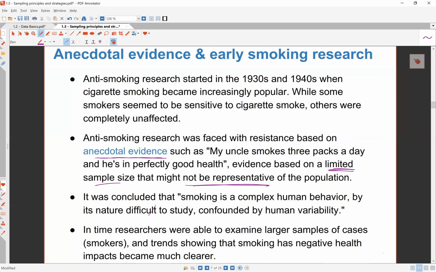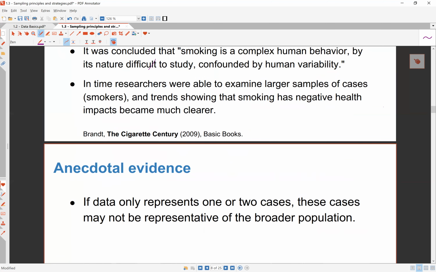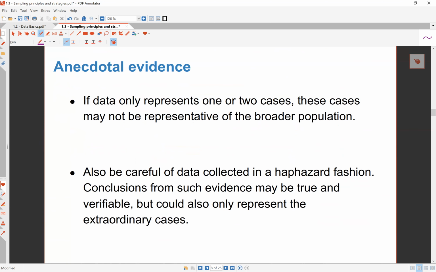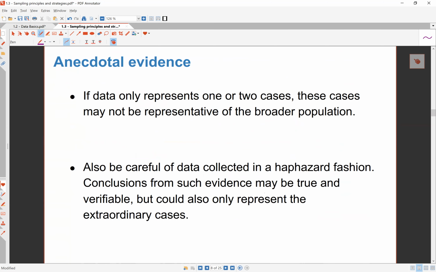We just can't make a causal statement. Now, when you do look at anecdotal evidence, that means you're looking at information that represents 1, maybe 2 people or 2 different observational units. And when the sample size is that small, you're just not dealing with the situation that represents the broader population.